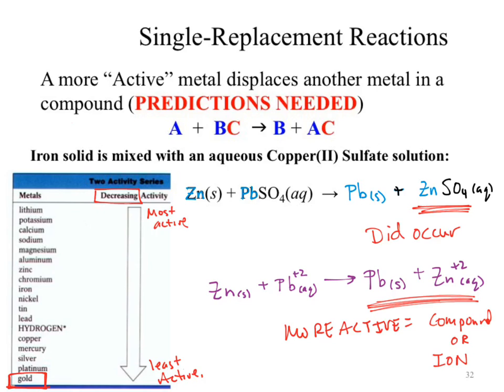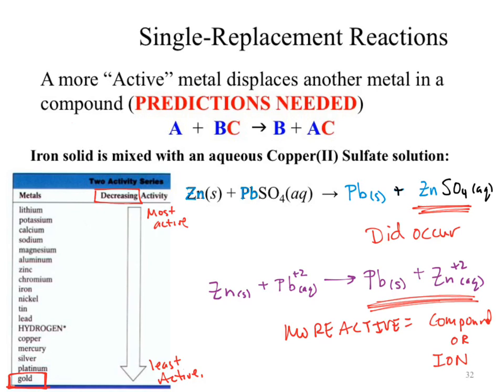It's one of the reasons why we use gold for jewelry, because it doesn't stain our skin. Okay? So gold is very inactive. That can help you locate and reference your activities on these, and it gives you some idea of their reactivity. The less active the metal, the more it wants to stay all by itself, okay, with its neutral state.